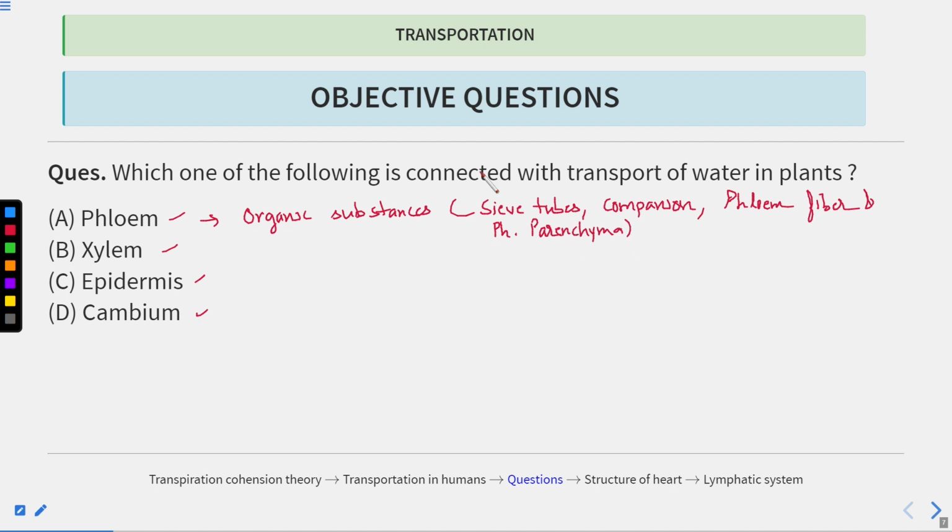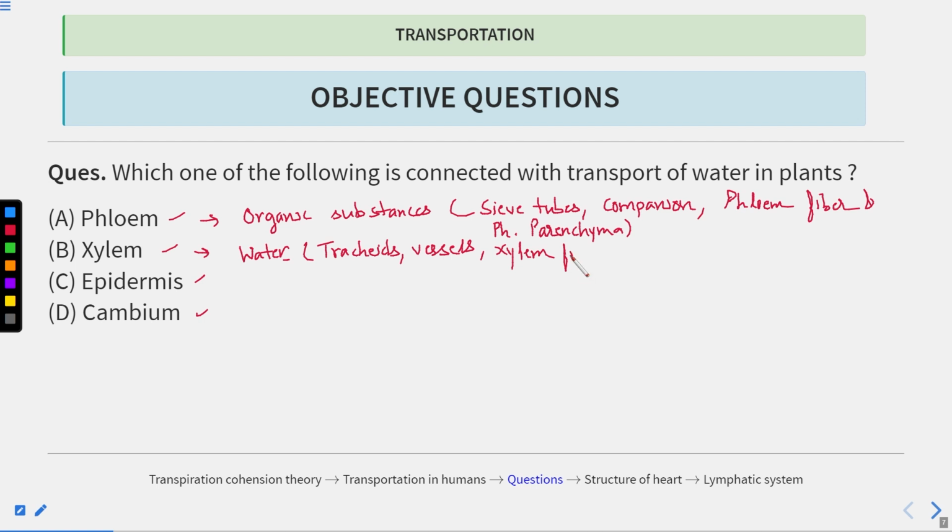Then xylem. Xylem helps in the transportation of water, and along with water, minerals, nutrients, and salts are also transported. This takes place with the help of the xylem. What are the components of the xylem? These are tracheids, then we have the vessels, then we have the xylem fibers.